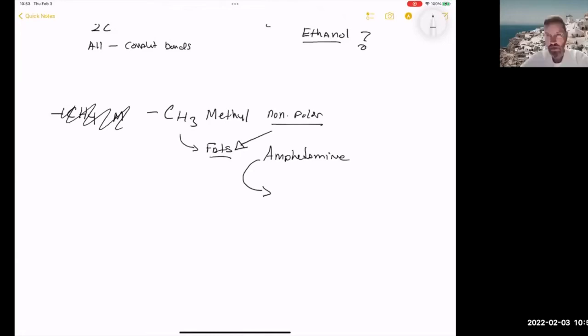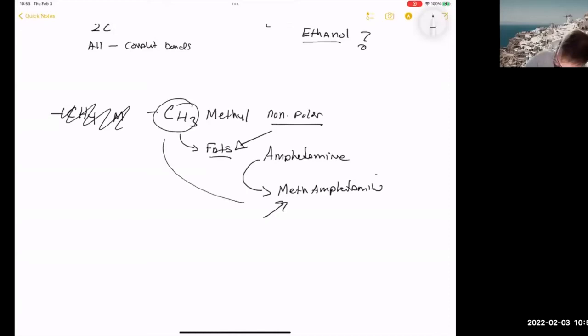The myelin. And so amphetamine gets turned into methamphetamine. That is an amphetamine with a methyl group as CH3 added to it to make it easier to go into the brain because it's non-polar. Again, you can see that a functional group can be used to change the character of a molecule.